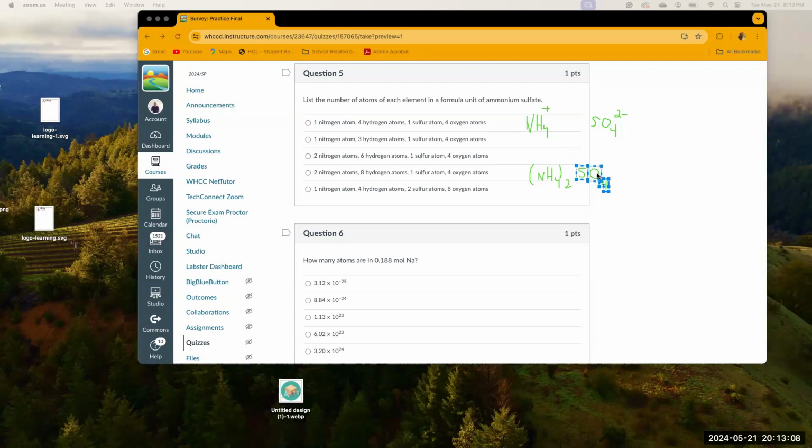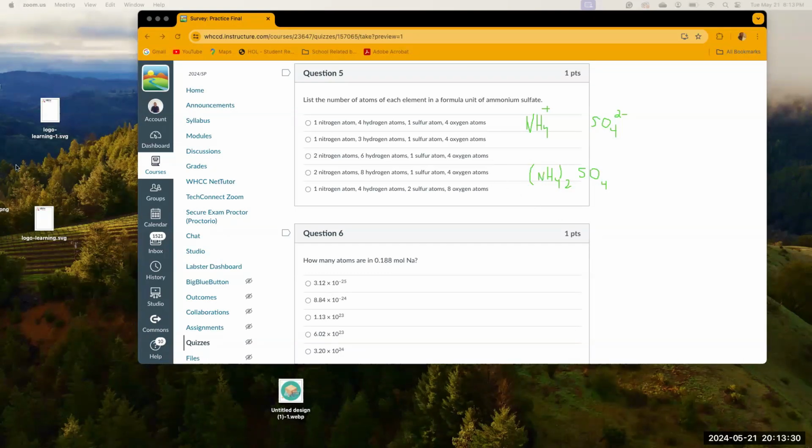So anytime that we have polyatomic ions, when they're in parentheses, that means that we have multiples. If they're not in parentheses, that means that we have 1 existing. Okay.